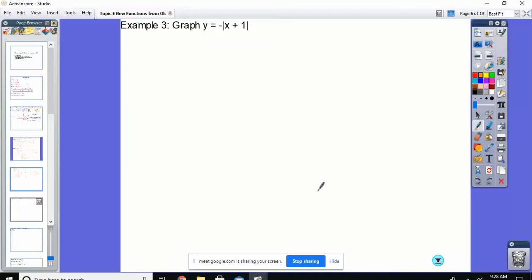Let's do this one. Y equals negative absolute value of x plus 1.